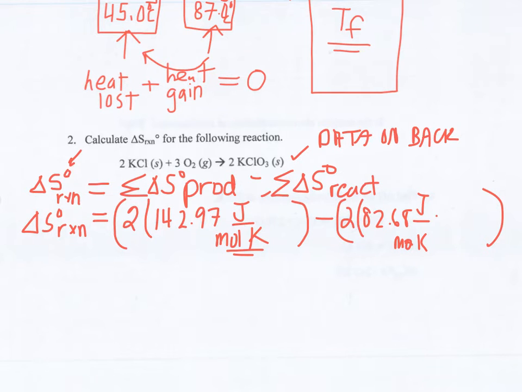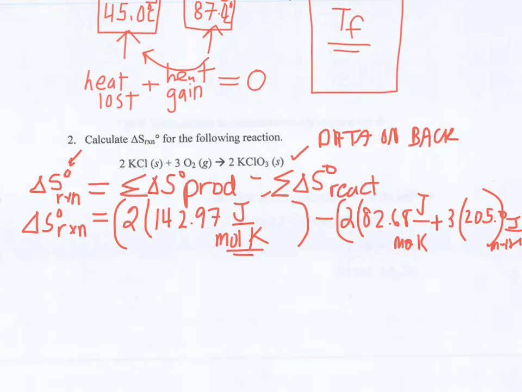And we have 3 moles of oxygen, and that is 205.0. Again, joules per mole Kelvin. Okay, so we've got everything in place and organized.